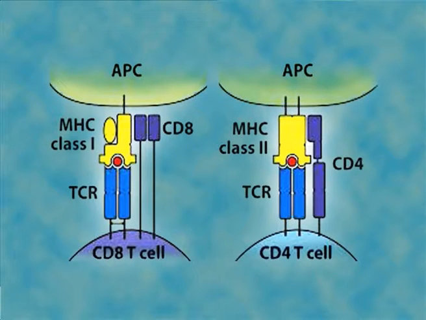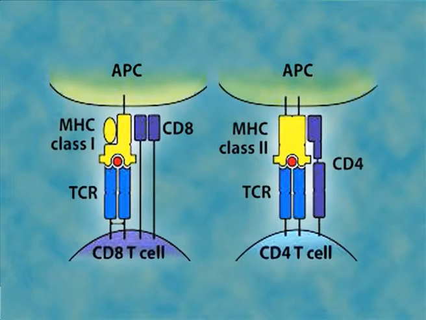By interacting with CD4, that is cluster of differentiation molecules on surfaces of helper T cells, MHC class 2 mediates establishment of specific immunity, also called acquired immunity or adaptive immunity.